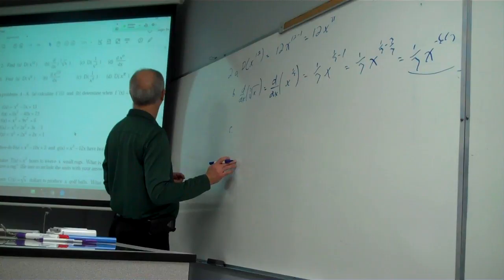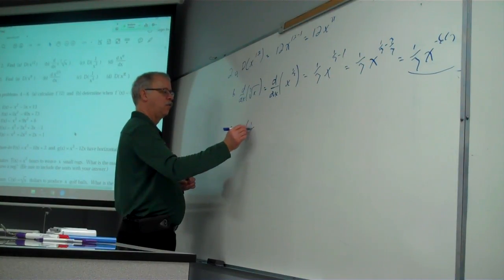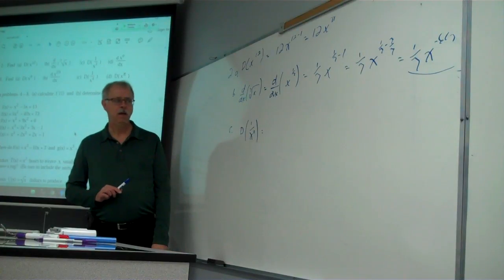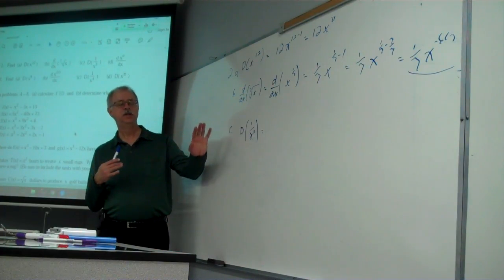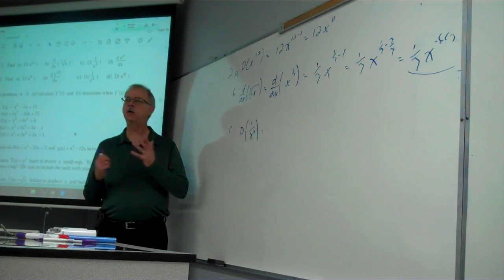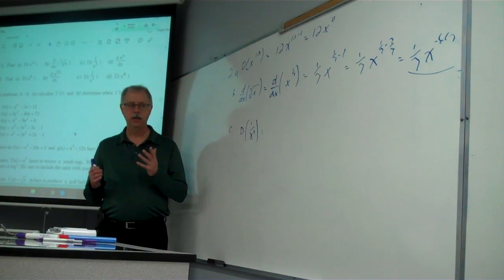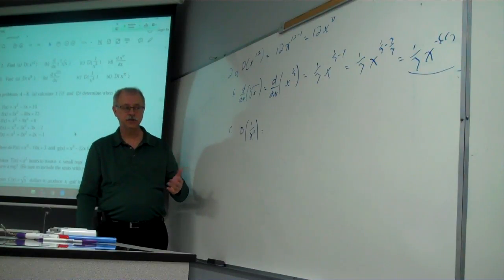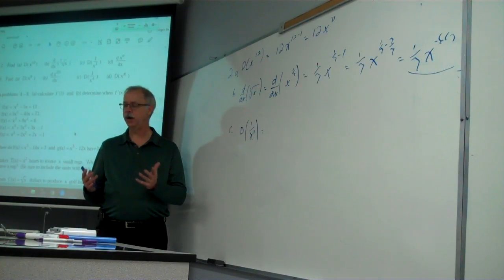The third one, the derivative of 1 over x cubed. This one also, as written, doesn't really look like x to a power. I mean, e to the x, x to a power, log of x, those are the functions we know how to do right now.